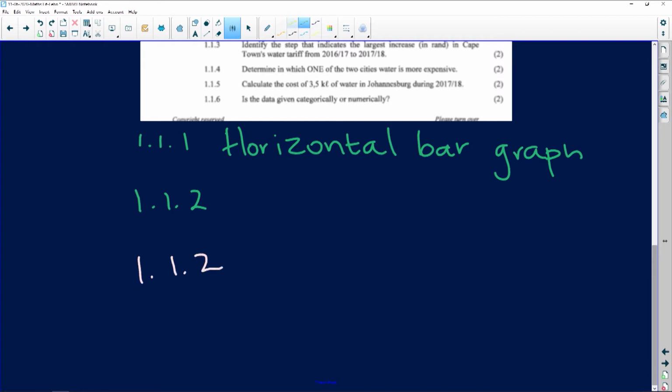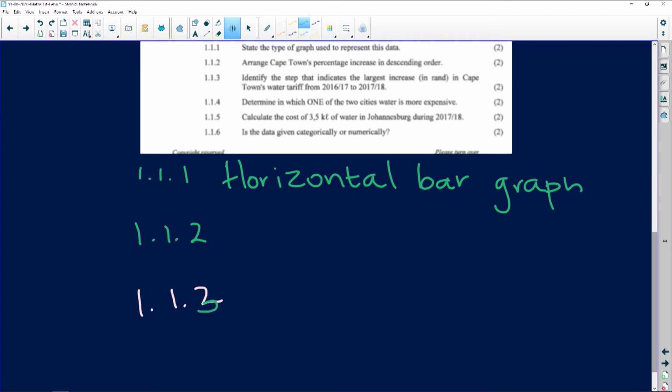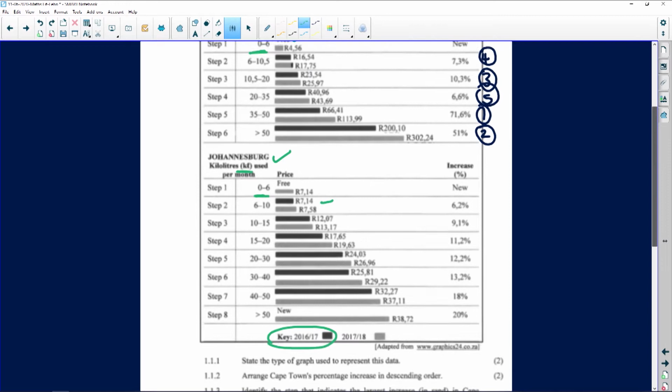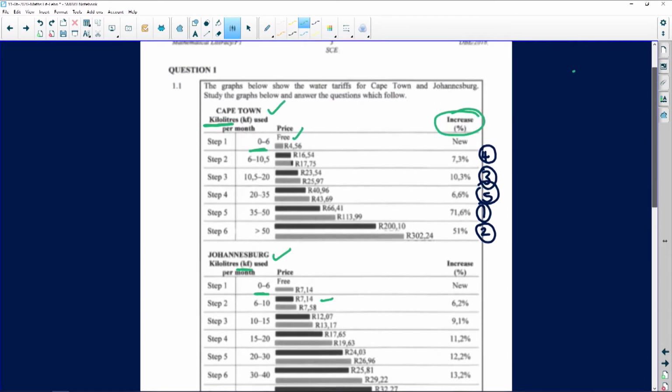1.1.3, sorry, says to us, identify the step that indicates the largest increase. So we need to identify the step that indicates the largest increase in rands in Cape Town's water tariff. So we want to identify the one that talks about the biggest increase in between. So let's go to Cape Town and look at the biggest increase in rands.